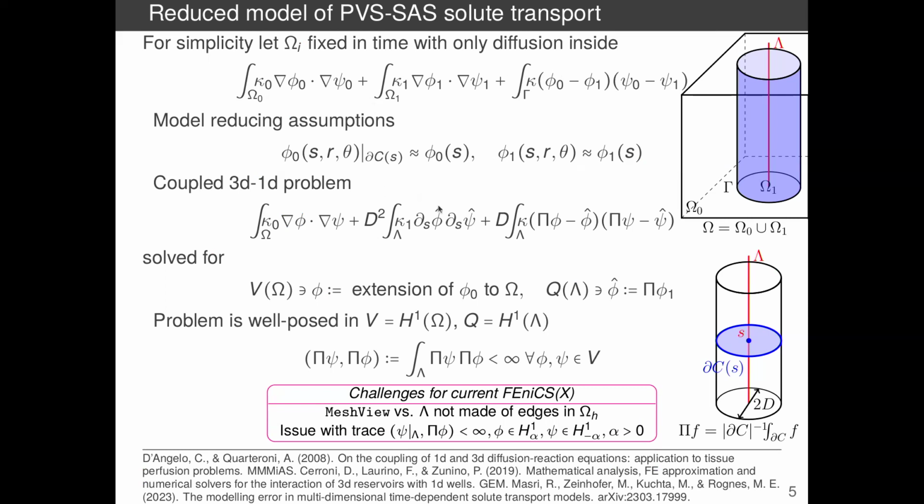And when you invoke this 3D-1D reduction machinery, you end up with a reduced problem like this, which you now solve for a 3D potential, which is defined in the entire domain, and a 1D potential, which is defined on the center line. Now, interestingly enough, this is a well-posed problem in standard Sobolev spaces. So you can do error analysis.